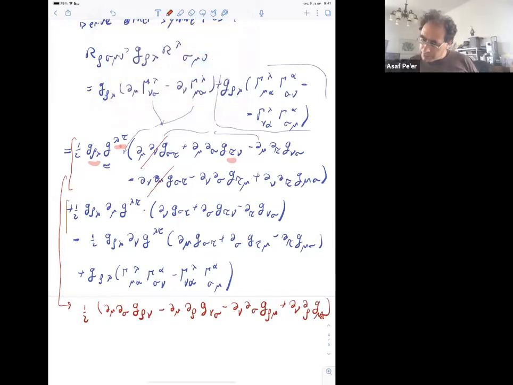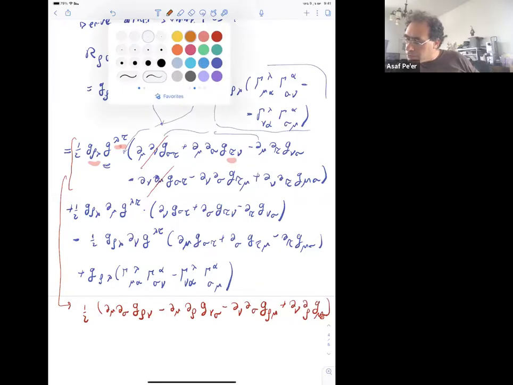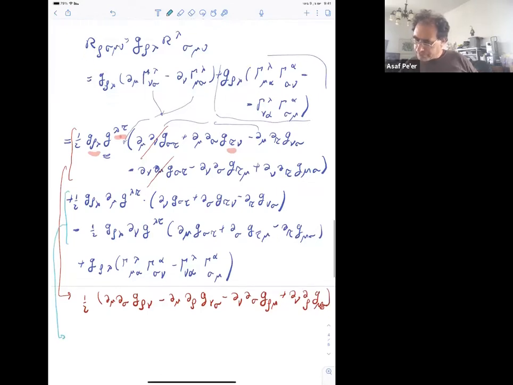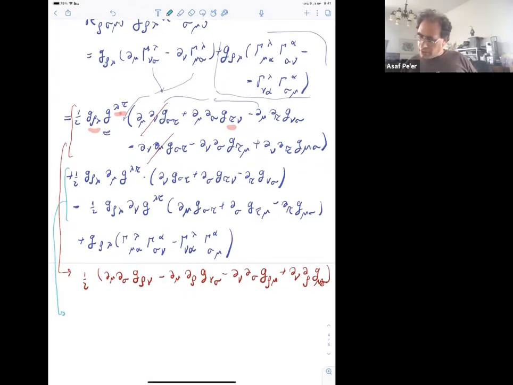this guy here. It's the same color, but it's a different color. Choose this one. So for this guy here, I can use the following trick. I can write G rho lambda d mu G lambda tau as minus G lambda tau d mu G rho lambda, right?